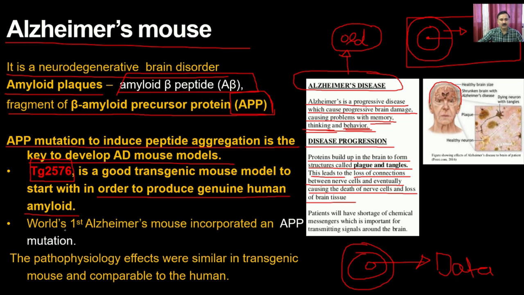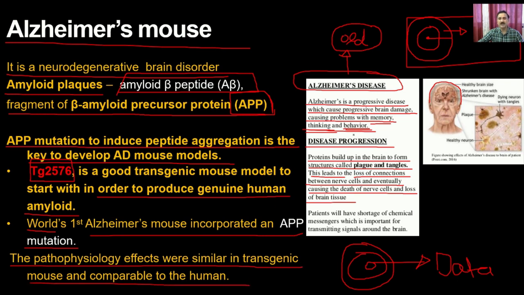In this particular transgenic mouse model, the APP mutation is incorporated, and because of these mutations, the mouse suffers with the similar kind of pathophysiology found in humans, which means it forms plaques and exhibits changes in memory, thinking, and behavior. All that can be marked in this transgenic mouse model, and that is very comparable to human behavior.